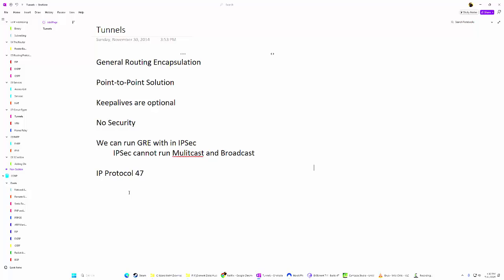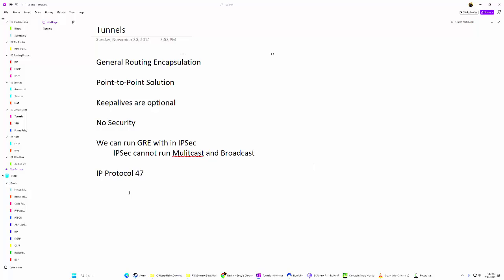So now we can run GRE within IPsec. IPsec cannot run multicast and broadcast. We're going to skip that, because what I just told you about the encryption is us running IPsec over GRE.